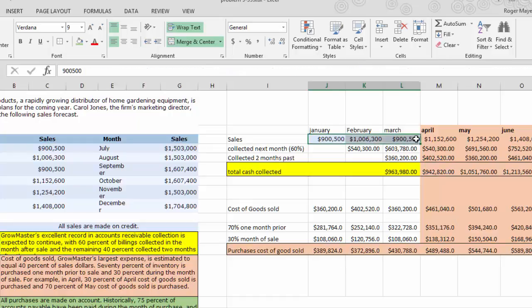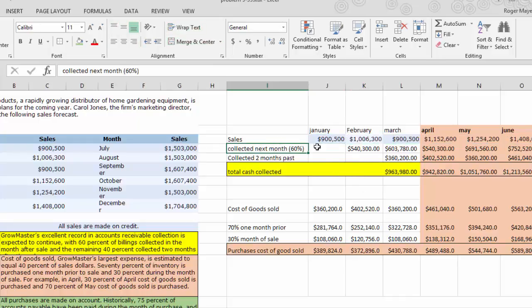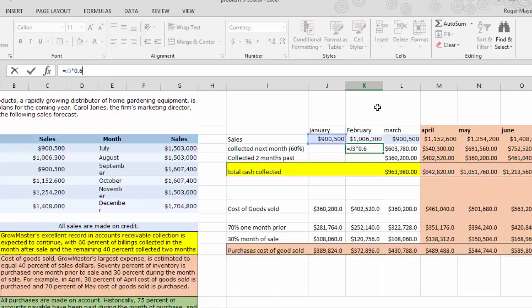So we have our sales. This is our sales column up here. And then our 60% is based upon the 1 month prior. So I set up a row, and in this row I'm calculating the prior period, $900,500 times 60%.